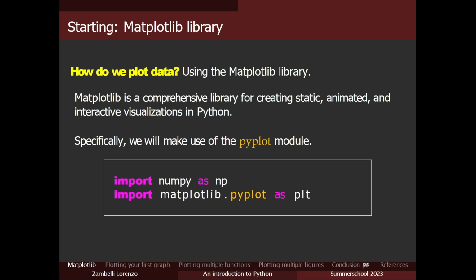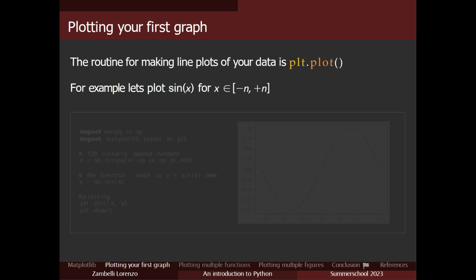So, as we learned in lecture 4, let's import our library NumPy because we're going to use the sin x function, and NumPy is optimized for that, and import our package matplotlib, in particular the module matplotlib.pyplot, as plt as the short version.